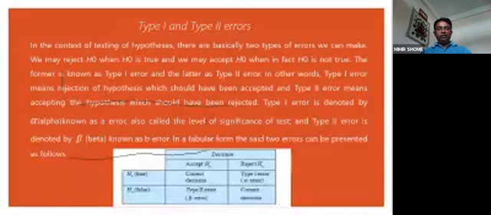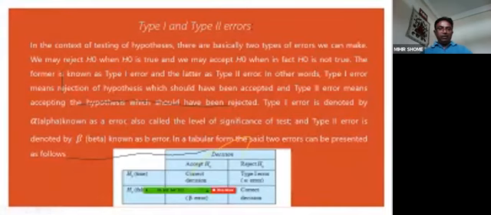In a tabular form, these errors can be presented as follows. In this case, H0 is true, and if we accept, that means we are taking the correct decision. If we reject, that means type 1 error, alpha error, is taking place.